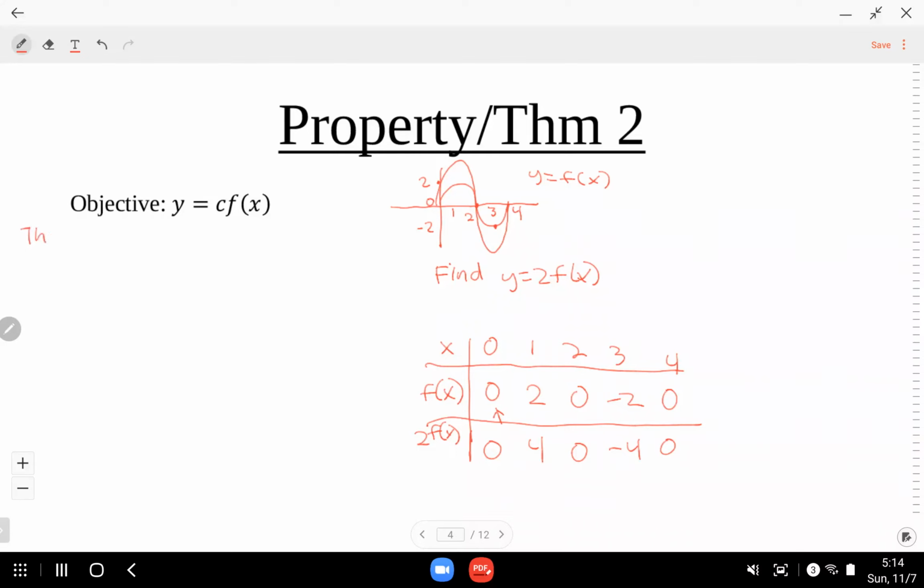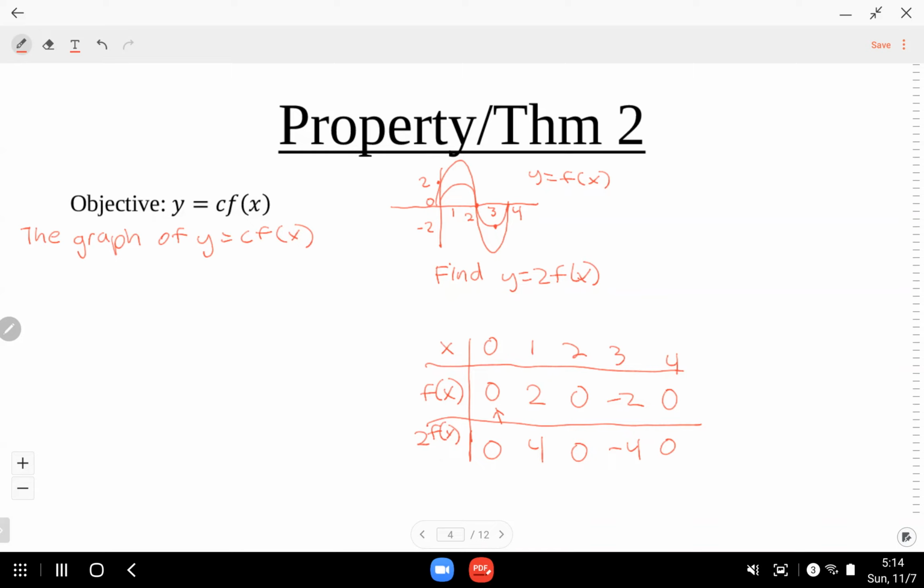So the graph of y equals c times f of x. What am I saying nowadays?